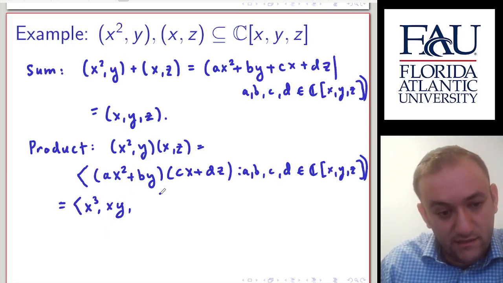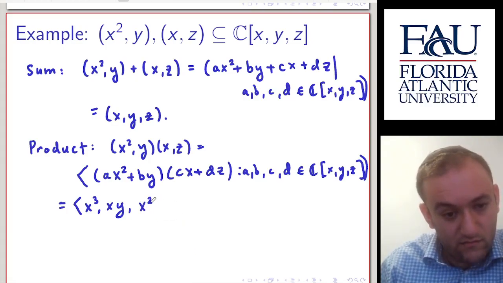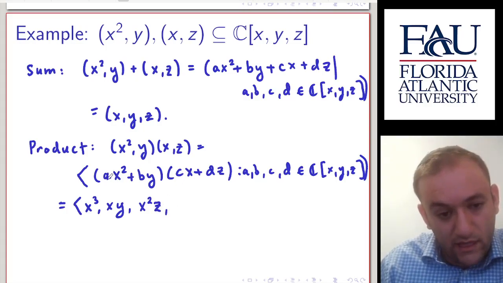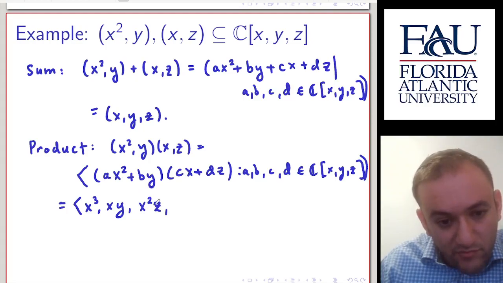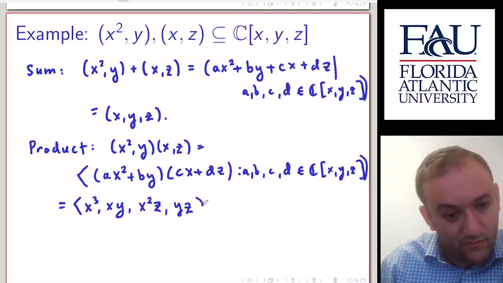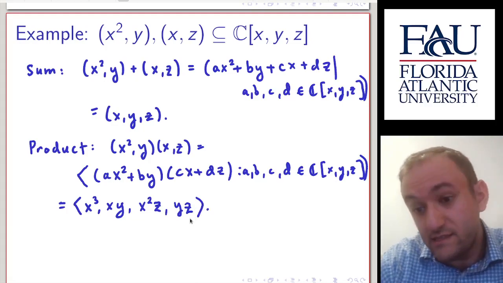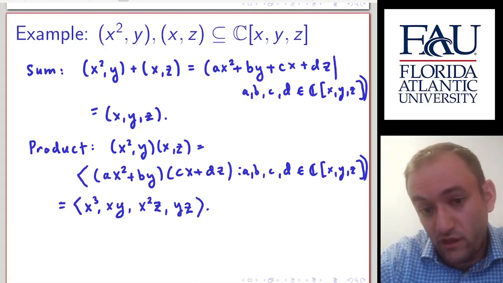B and c to be 0, I'll get x squared z. Then what's next? B and a and c will give me yz. Okay. And you can check that this is a set of generators for the product ideal.